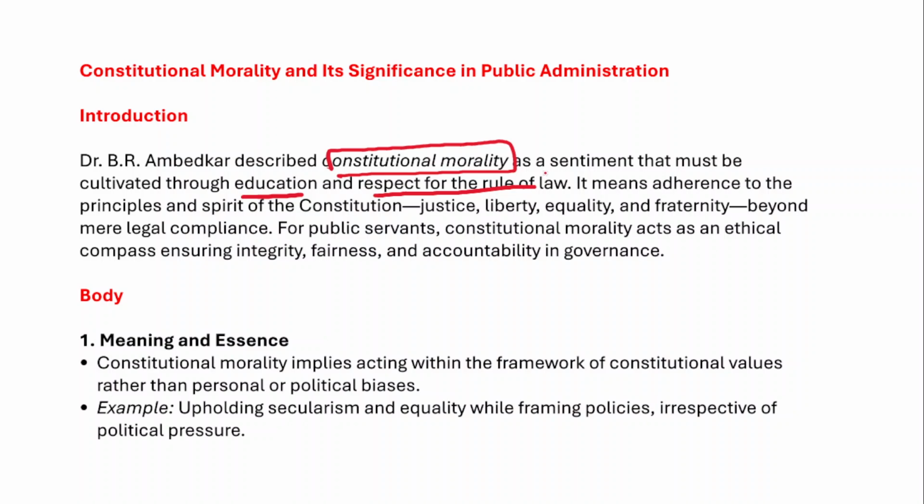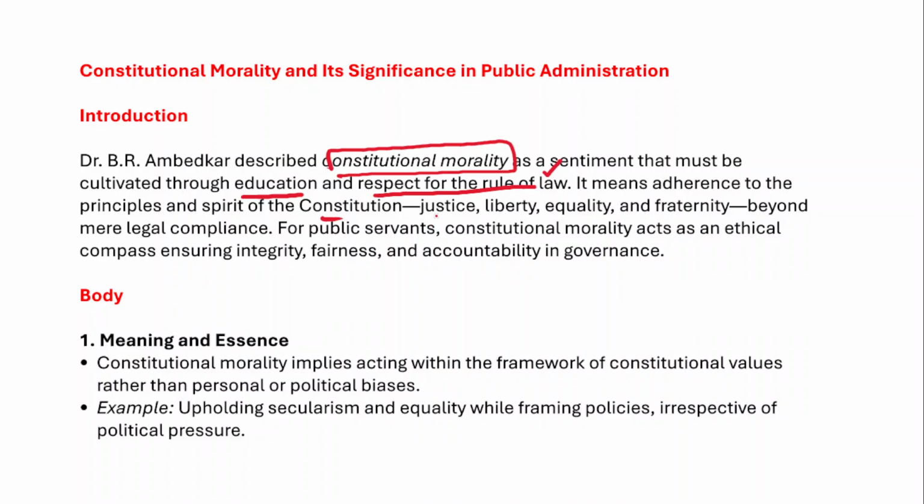Now, what is this rule of law? Rule of law means absence of arbitrary power. Everyone is equal before the law. That is the fundamental definition of rule of law. So it means adherence to the principles and spirit of the Constitution.